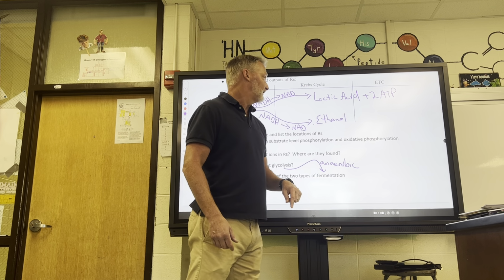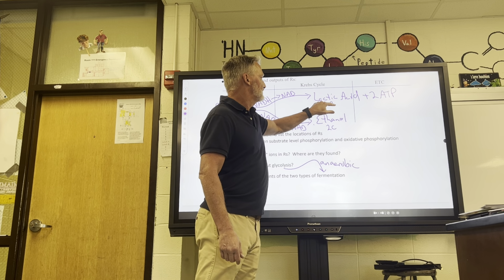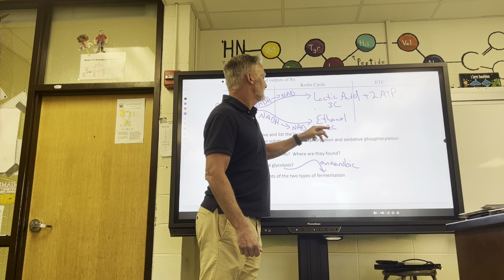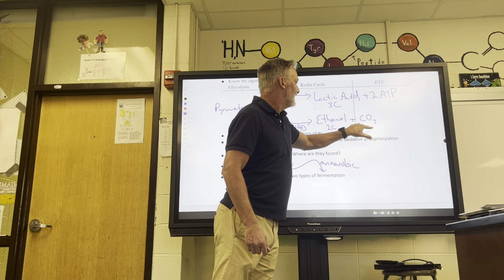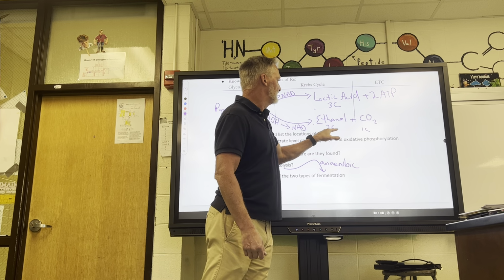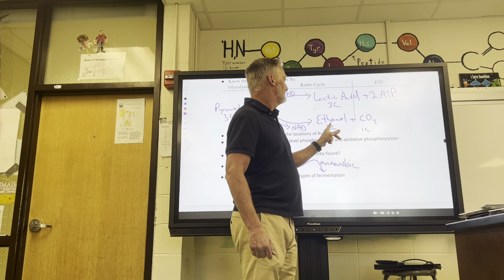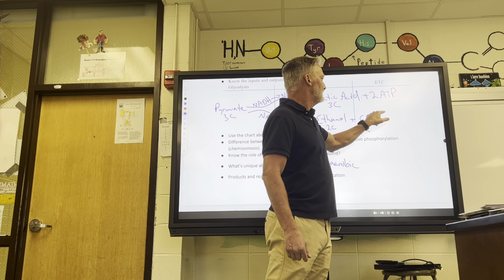Ethanol. But ethanol is a 2-carbon compound. This is a 3. So what's the gas? CO2. So that's our 1 carbon. There's our 3, because remember this is a 3 carbon. So you make a 2-carbon ethanol and a 1-carbon CO2.